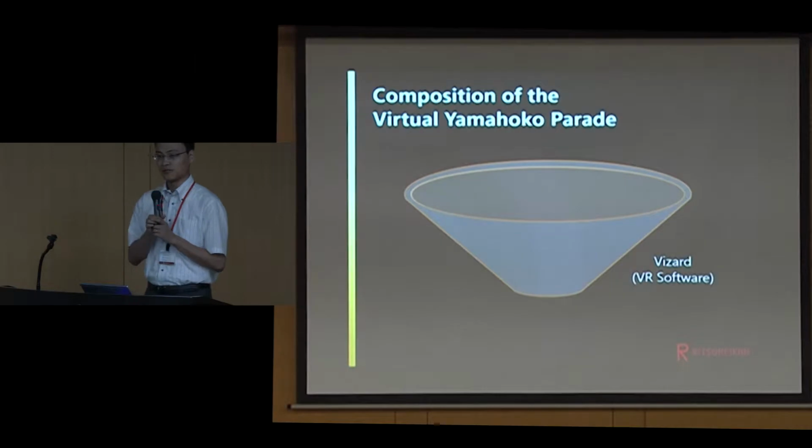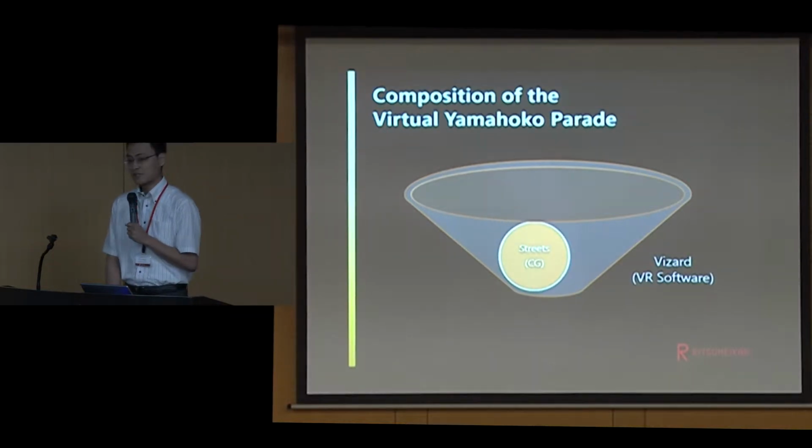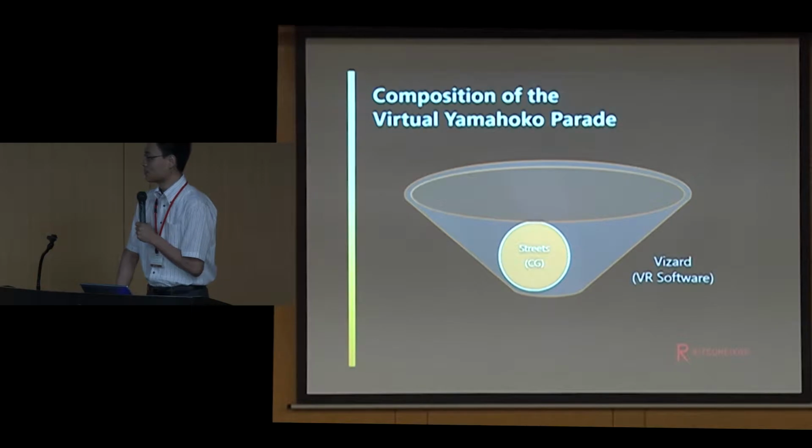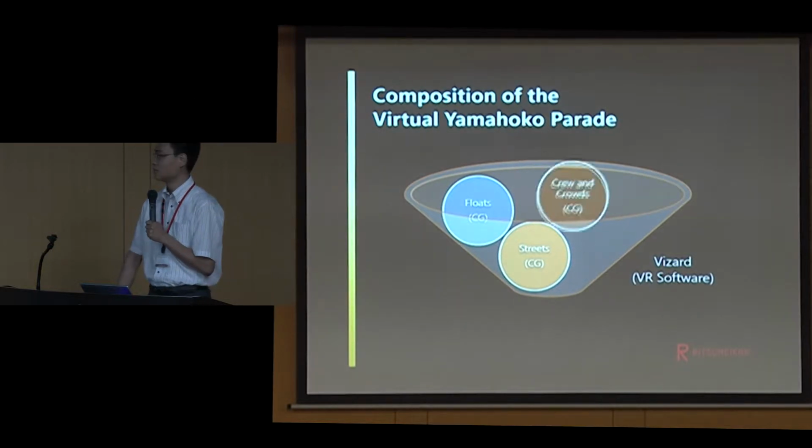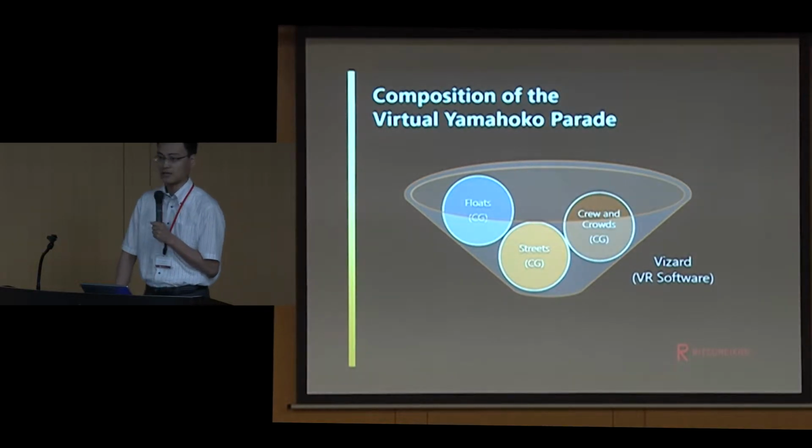So to build it, first we need a platform. So we use a software called Wizard. This is a software for virtual reality. And we have several components. For example, the street models. We need the models of the street, and of course the floats, beside the crew and crowds, the people, because in this tangible heritage, this is a big event, so a lot of people will come to see it.